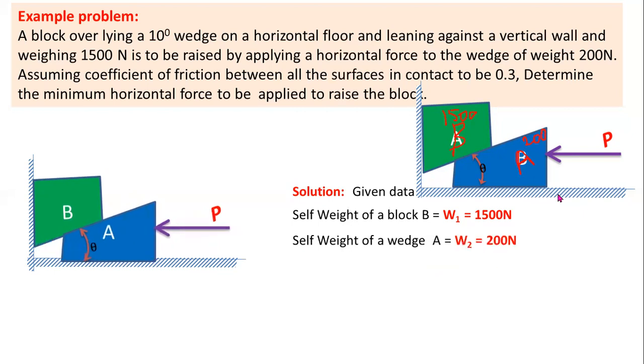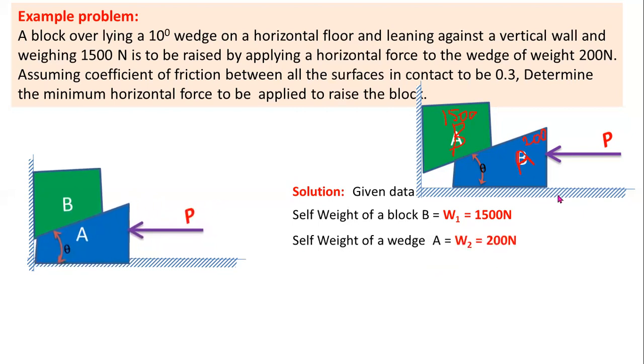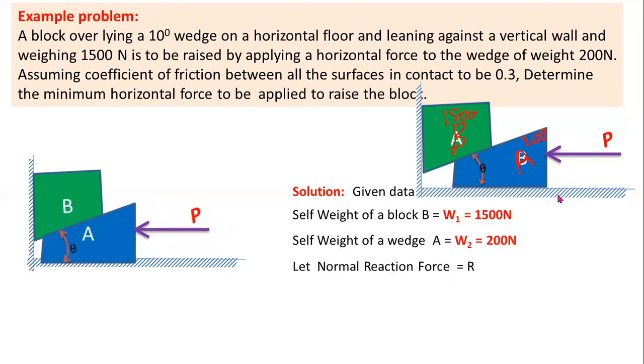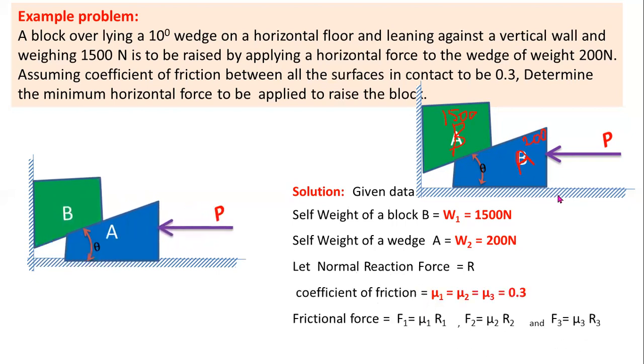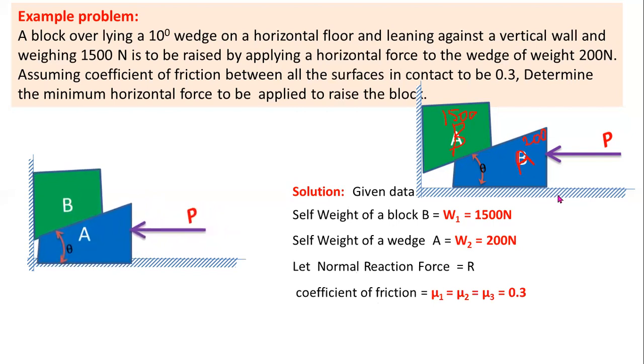So the self weight of the wedge W2 equal to 200 newtons, and R is the normal reaction force. Mu1, mu2, mu3 equal to 0.3.